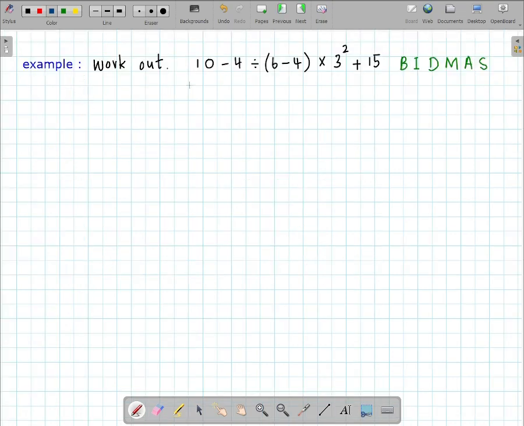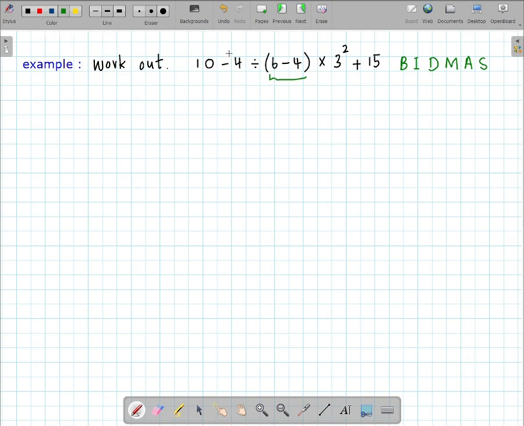First example, 10 subtract 4, division, within brackets 6 minus 4 times 3 squared, add 15. So according to BIDMAS, we have to do brackets first. So you have brackets here, that we have to do first. Brackets first.